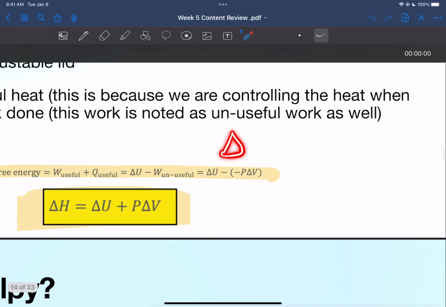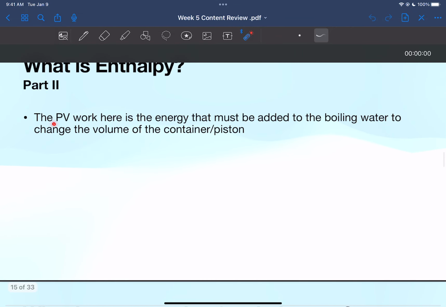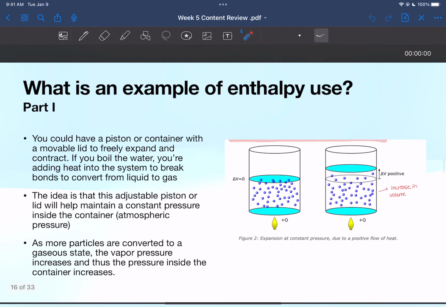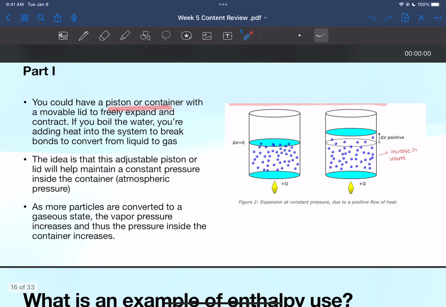Now, continuing on, what is enthalpy? That PV work is the energy that must be added to the boiling water to change the volume of the container or piston. Because think about it. For an example of enthalpy, you could have that piston, that adjustable lid, freely expand or contract.